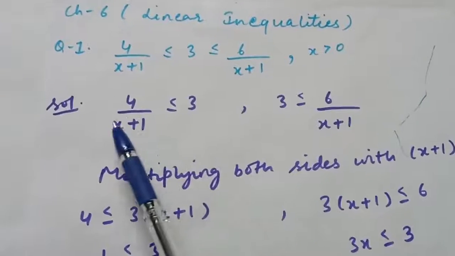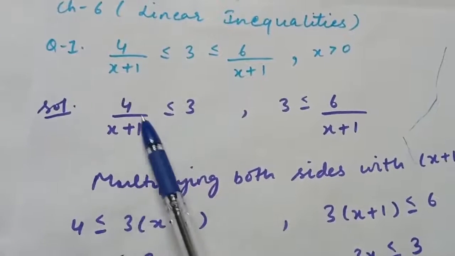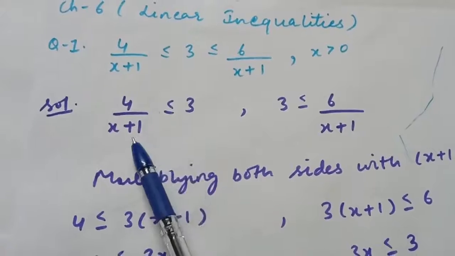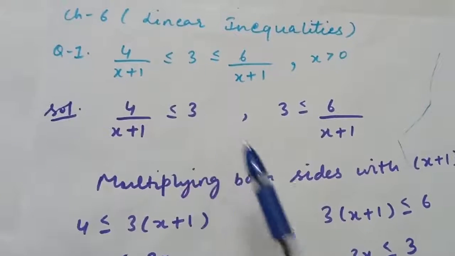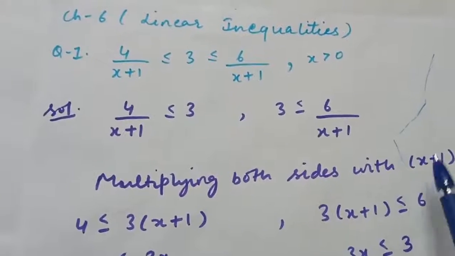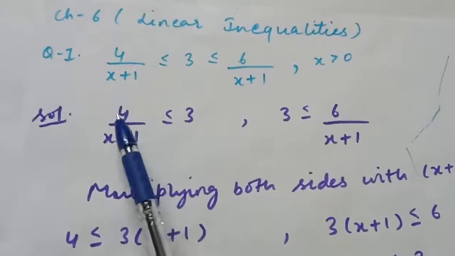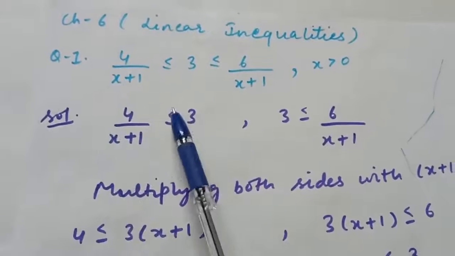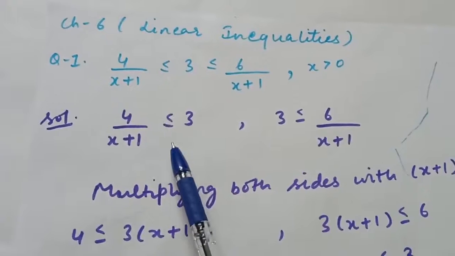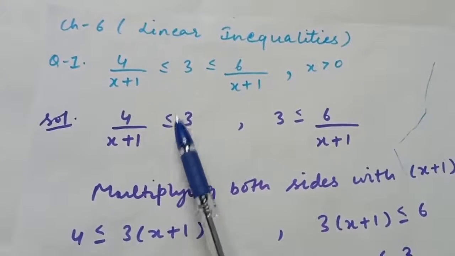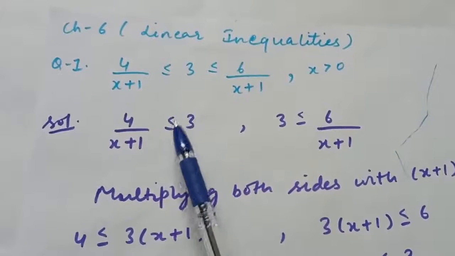Why? Because x is any variable, right? So x plus 1 can be negative or it can be positive. Multiplying both sides with x plus 1 means if we multiply with a positive number, then sign will not change. But if we multiply with a negative number, then sign of the inequality will change.